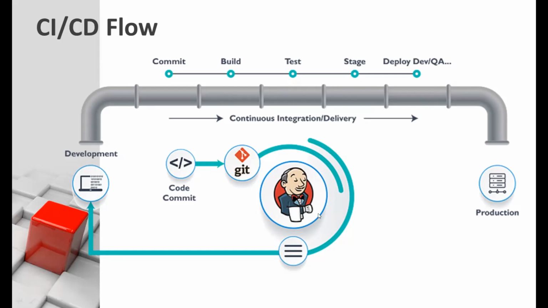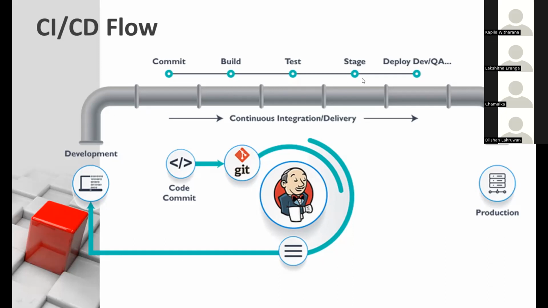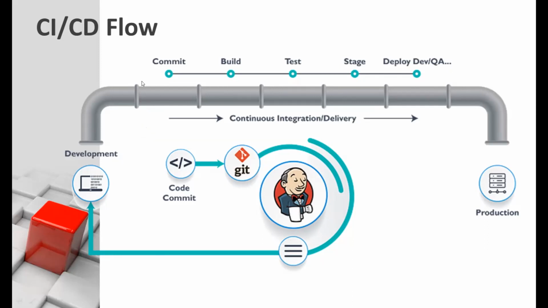But let's say you have configured Jenkins to pull the code automatically as soon as you push changes into the Git repository. Then it will go through these stages: it will try to build your application, and then it will try to execute test scenarios.